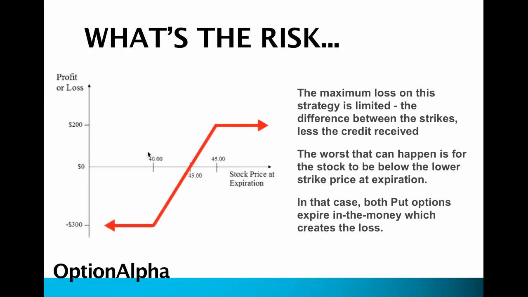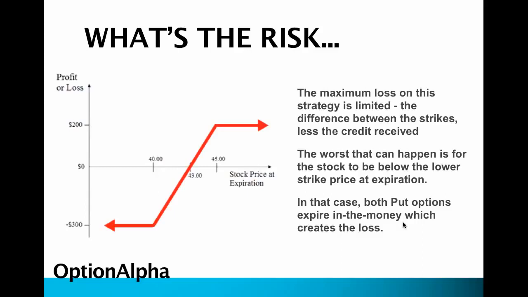Here, where the loss diagram starts to flatline, your losses are capped right here at $300. So if the stock closes anywhere below 40, then your losses are completely and 100% capped. You cannot lose a dime more, because in that case, both put options expire in the money, which creates the loss.